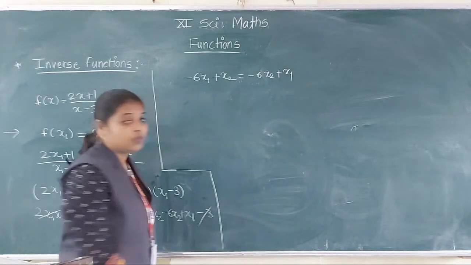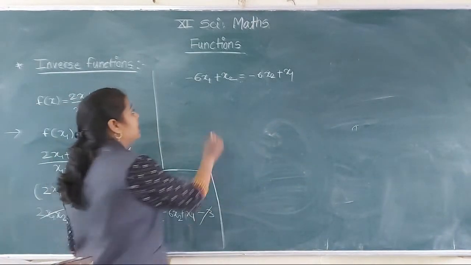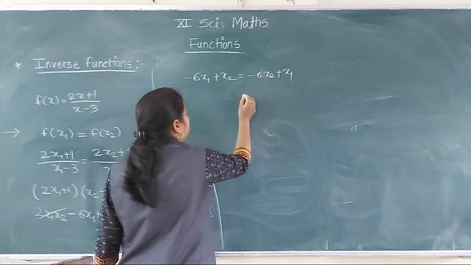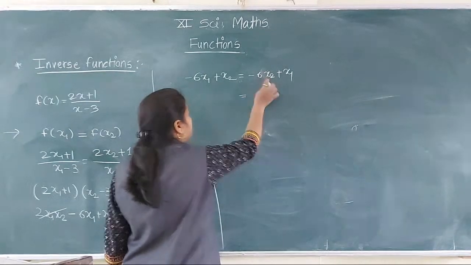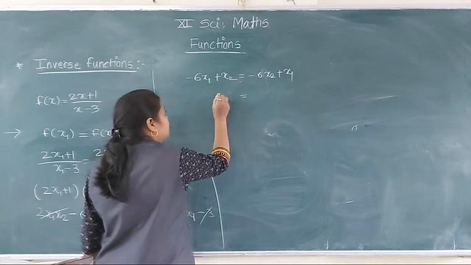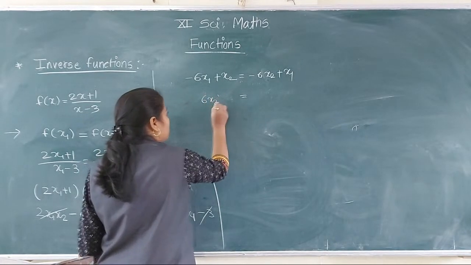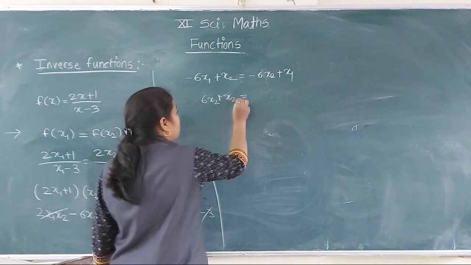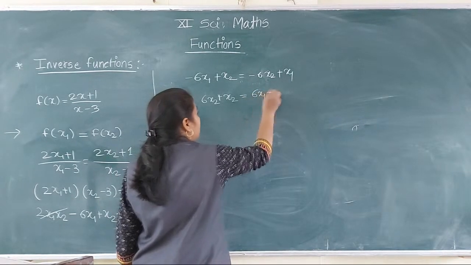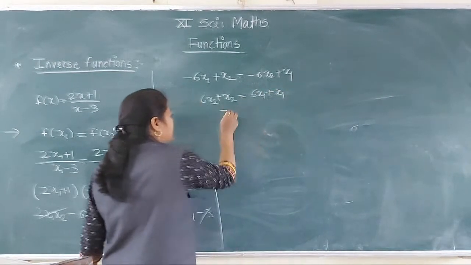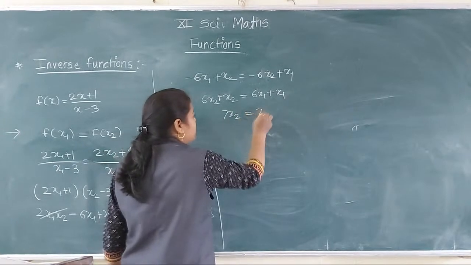Okay, so these are the remaining things. Now if we take 6x1 to the other side it becomes plus 6x1, and 6x2 to this side, so 6x2 plus x2, 6x1 plus x1, that means here 7x2 is equal to 7x1.